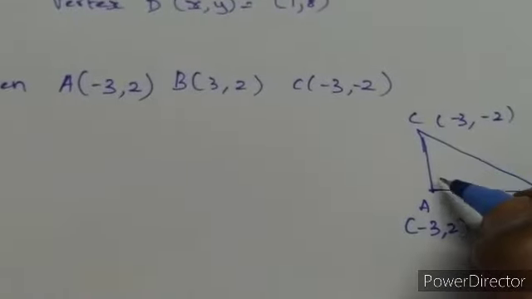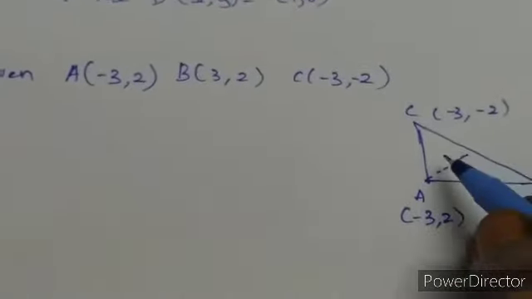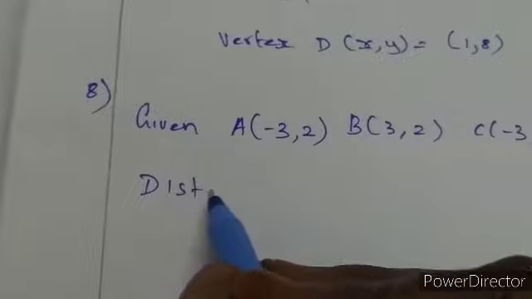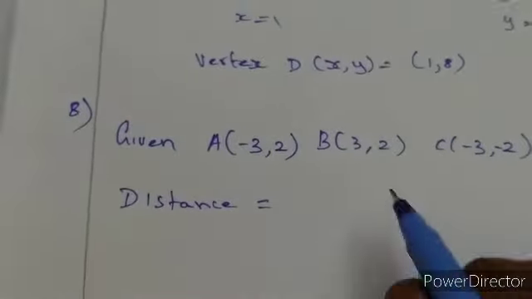Now, right angle at B, show the midpoint of the hypotenuse is equidistant from the vertices. So here this is the midpoint, 0 comma 0. So distance between 2 points, what is the formula to find the distance between 2 points?